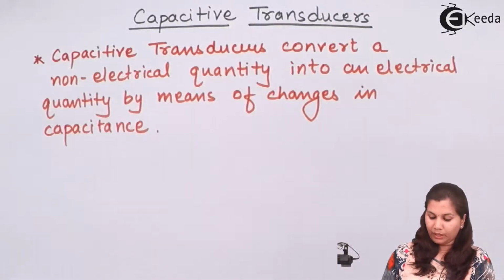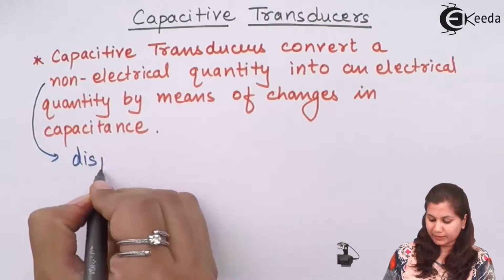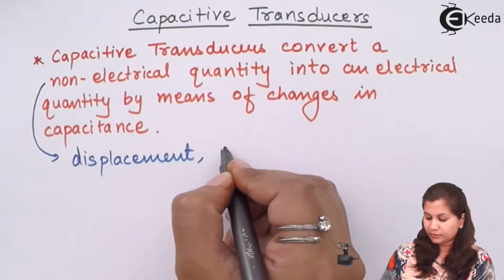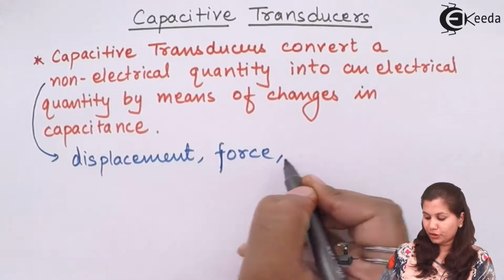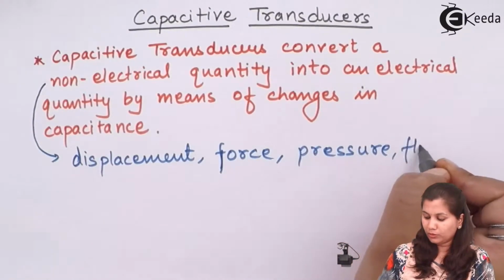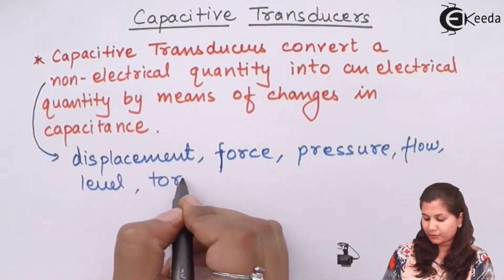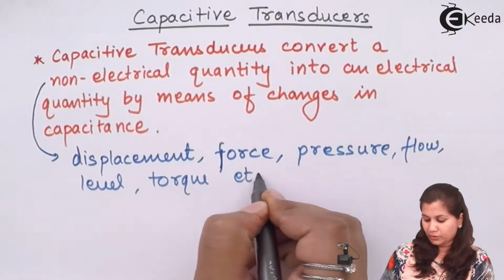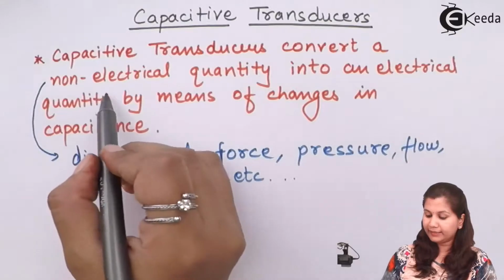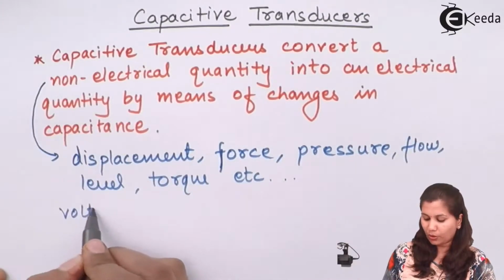Now the non-electrical quantity can be displacement, force, pressure, flow, level or torque, etc. So these are all physical quantities, or non-electrical quantities, and they are converted into an electrical quantity which can be voltage or current.